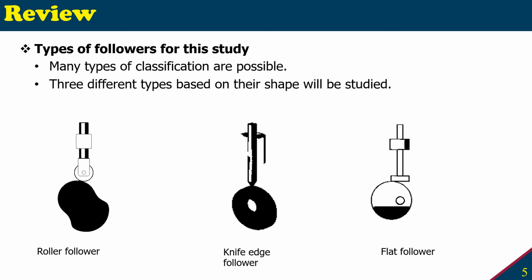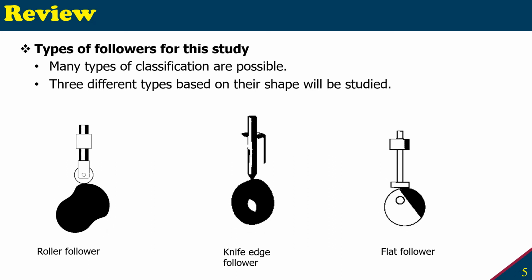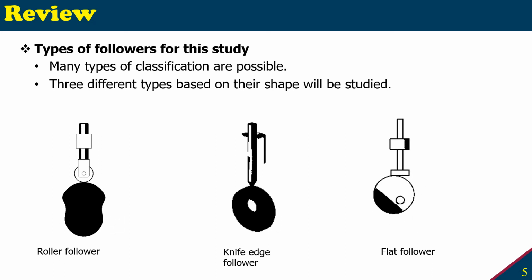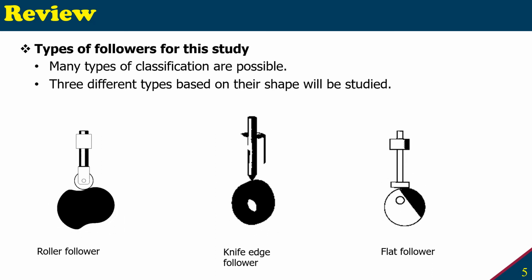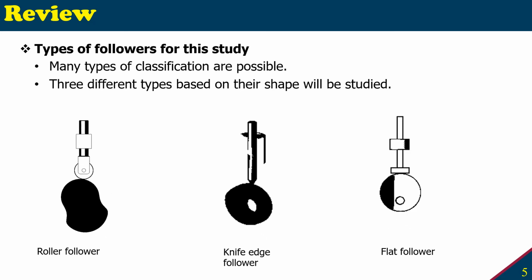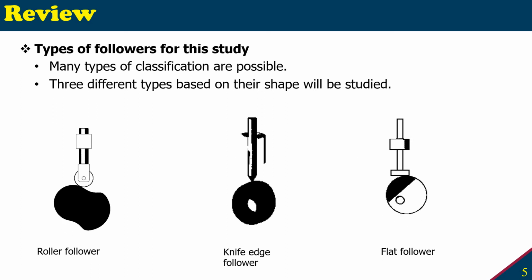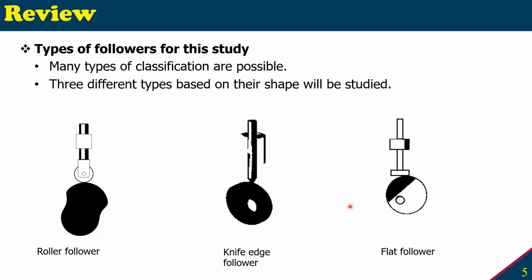Again, after classifying cams, you can also classify cam followers into different types. The 3 different types we're going to study are based on their shape. So these are the followers, the lower end.